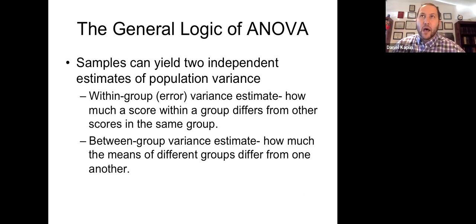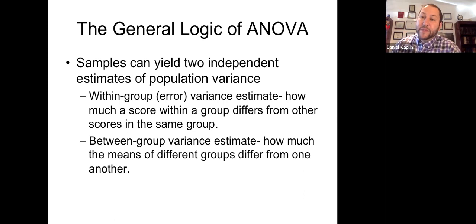There might be minor differences, but I wouldn't expect you to have a full personality overhaul. And if you did, that likely reflects a personality disorder, because for most people, our personality is relatively stable. So within group variance is always considered error or error variance, right?